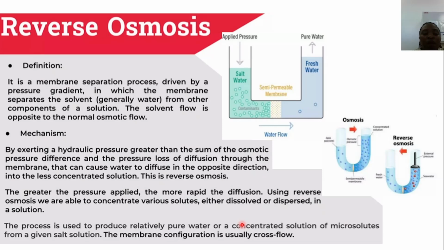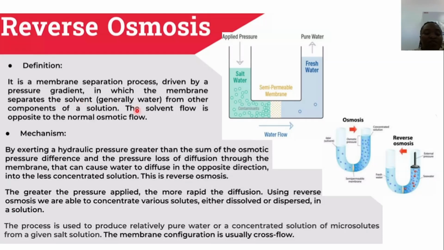The reverse osmosis process can be defined as a membrane separation process driven by pressure gradient in which the membrane separates the solvent, most of the time water, from all the other components in solution. So this one allows just water to pass through. That means that even smaller ions are removed from the solution using reverse osmosis.